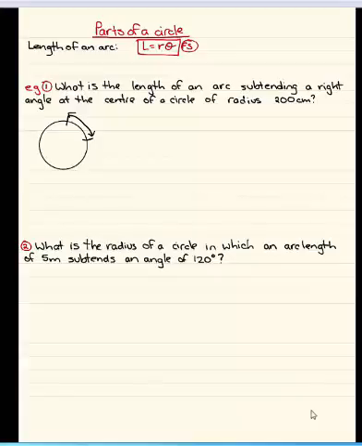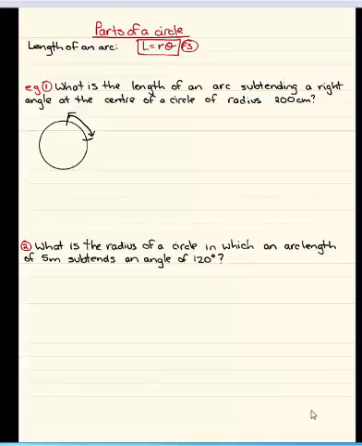Okay, so in question one, what is the length of an arc subtending a right angle at the center of a circle of radius 200 centimeters? Now this all sounds really complicated, but it's not particularly. They want to know what the length of the arc is, so they want that distance around the outside.